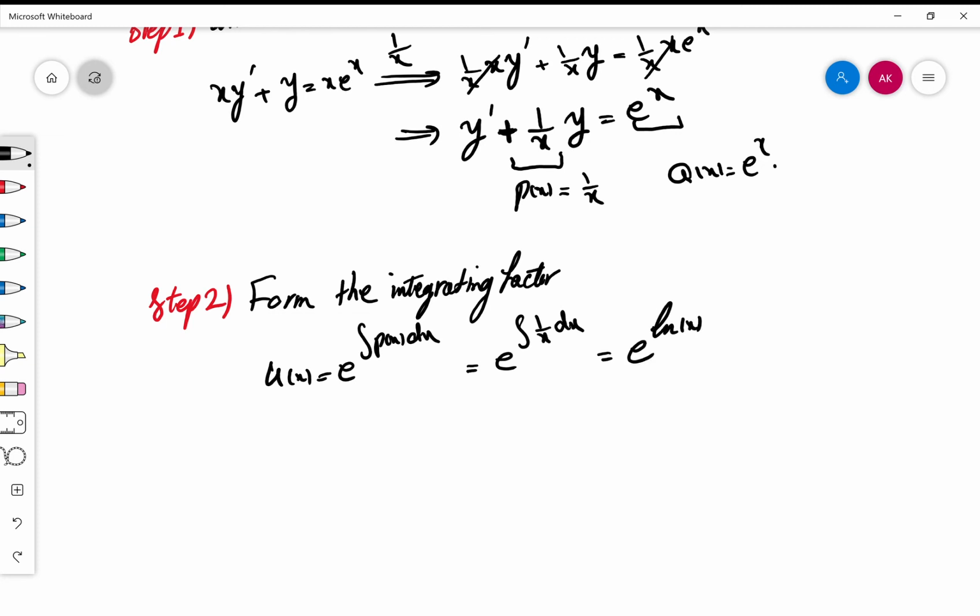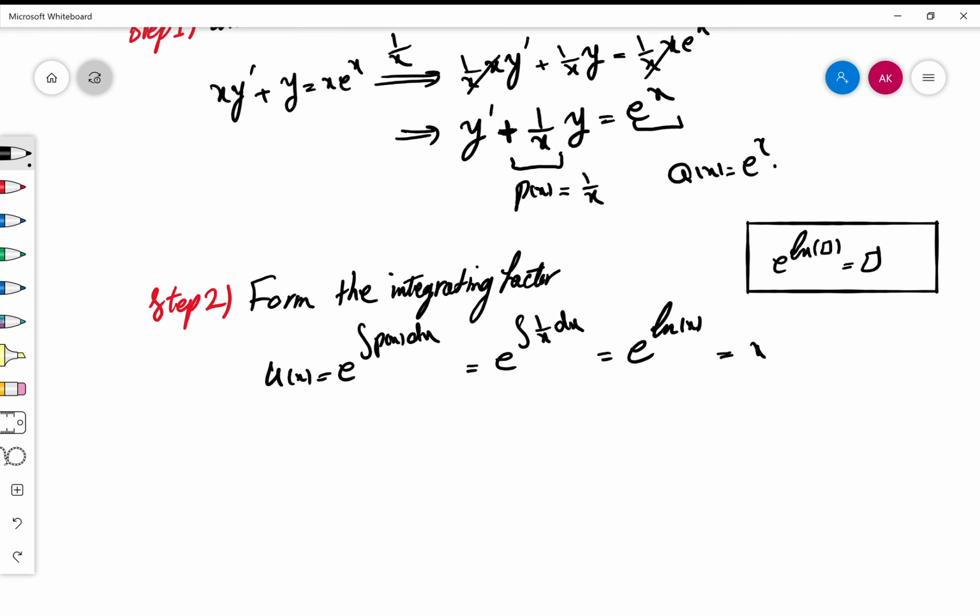When you're trying to find the integrating factor, you can drop that plus c part. And then an important property here: e to the power ln of something is that something. So let me just write it here. e to the power ln of anything is equal to that anything. Here, e to the power ln x is equal to x.